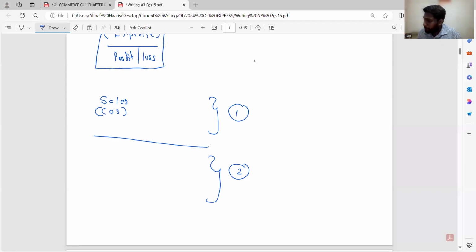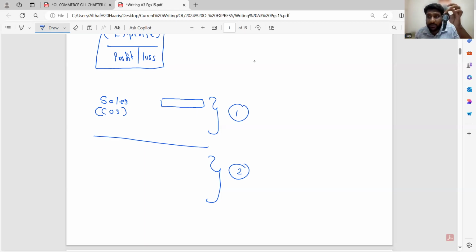Now we'll assume my business is selling these watches. Then for the sales, money that I am getting by selling these watches. For me to sell these watches, I have to buy it.